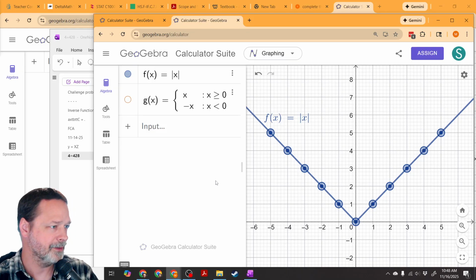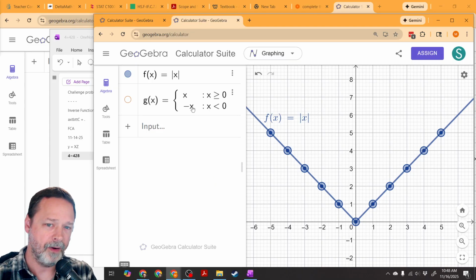But as you can see on my screen here, I also have a piecewise function. And this piecewise function is defined as, hey, g of x, and we stick in x, what comes out of it? Itself, if we put in a positive number, or the opposite of itself, the negative of itself, if we plug in a negative number.